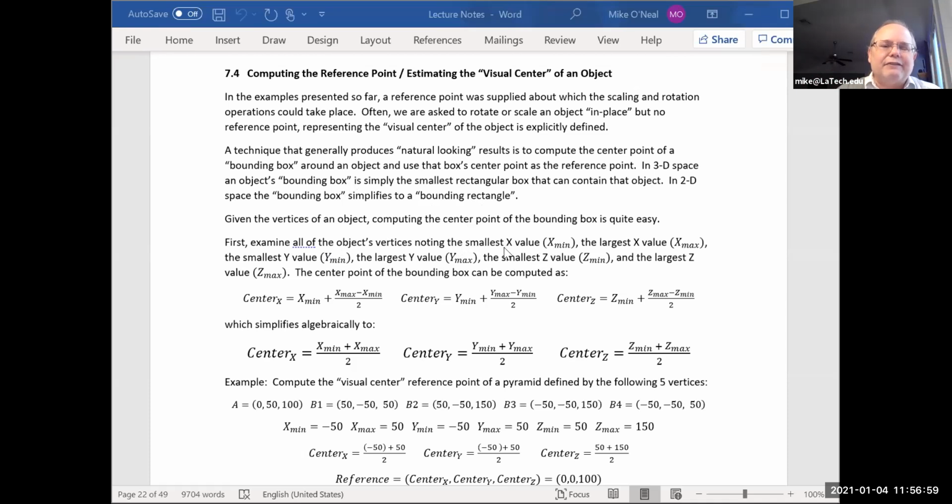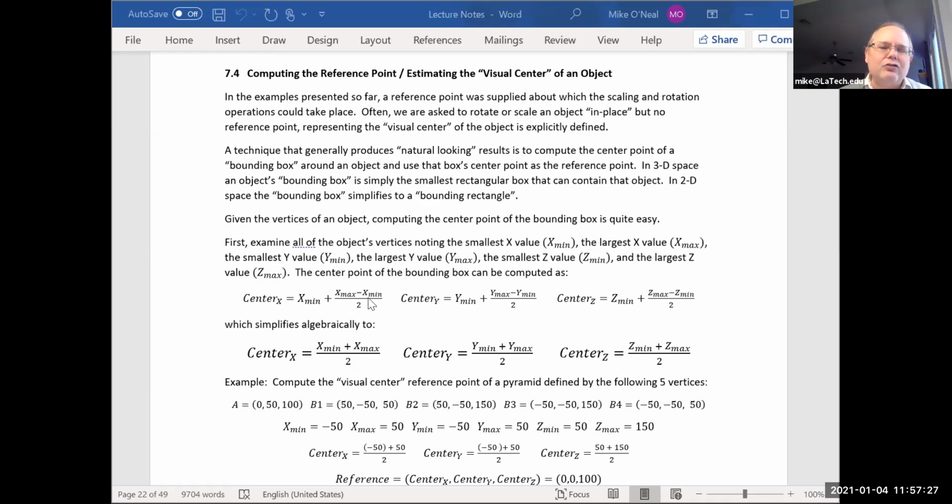Go through them and find the smallest x value across all of your vertices. And then find the largest x value across all of your vertices. Now, the x and the y don't have to be in the same vertex. I'm saying look at all of your vertices, find the smallest x, find the largest x. Find the smallest y, find the largest y. Find the smallest z, find the largest z.